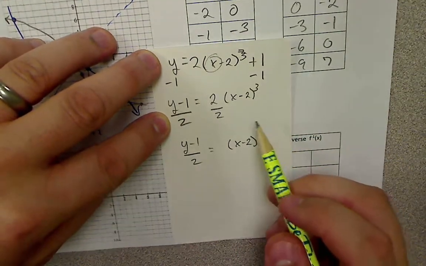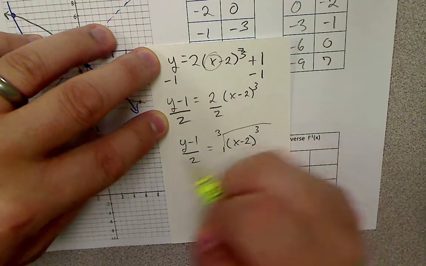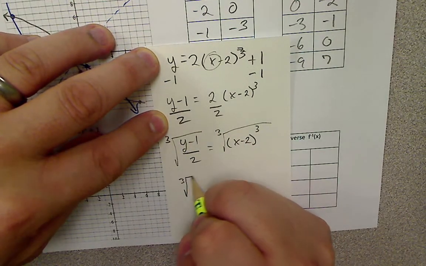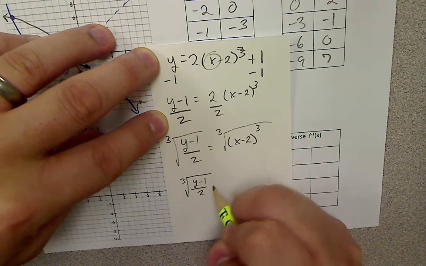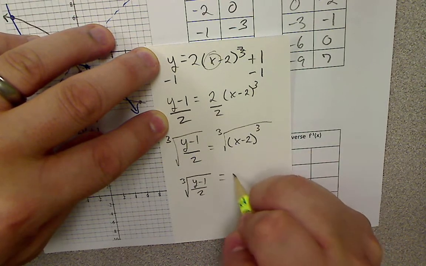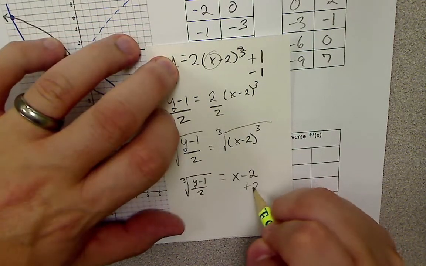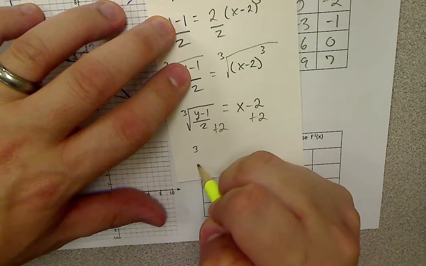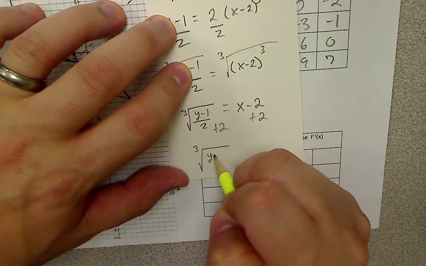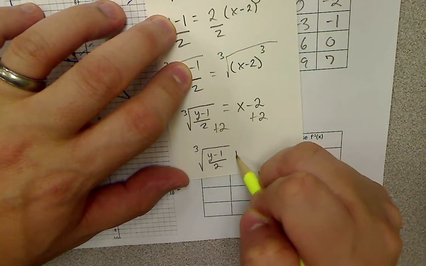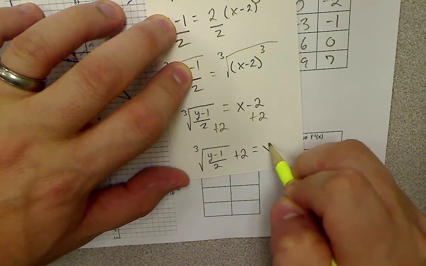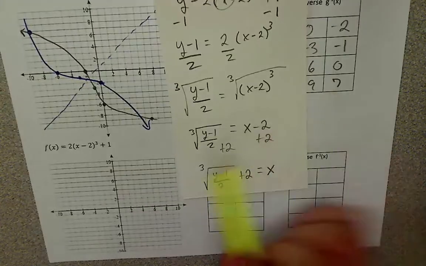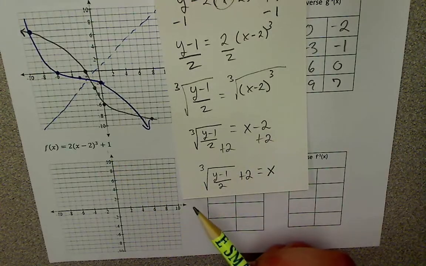And then because this is cubic, I would cube root the entire side. Then I would add 2, so that my final function looked like that. And this would be the inverse equation for this one, okay?